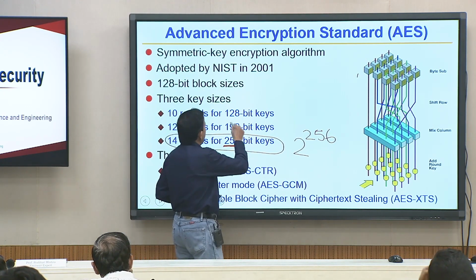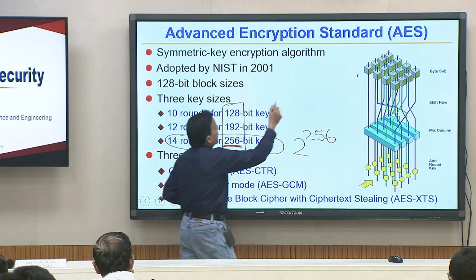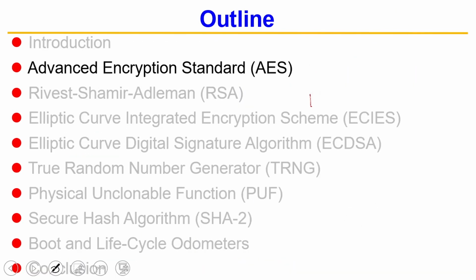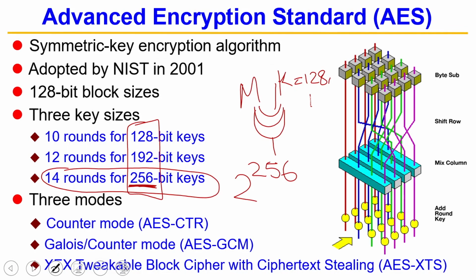What would have been exactly the same is if a message is coming in and you are doing XOR with the key, and the key size could be 128, 192, or 256, then it would be simple. But as you realize, the algorithm is actually different, and the complexity is a lot greater.